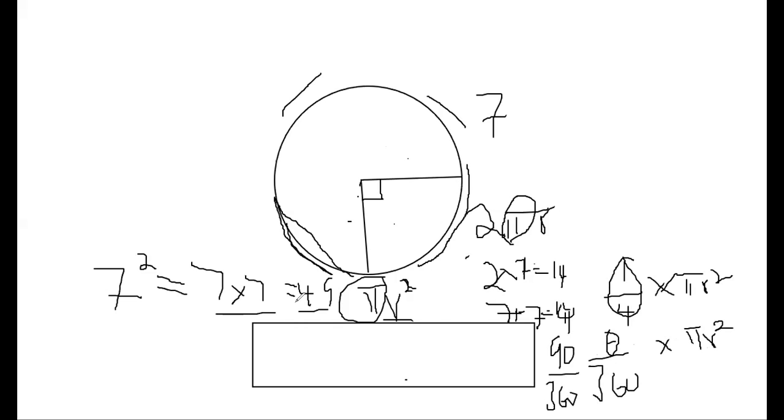Is that okay? When you divide this one, you get 1, you get 4. And that will give us what? This 1/4. So that's how we got this 1/4. That is the 90 degrees here over the total 360 times pi r squared, giving us 1/4 times pi r squared.